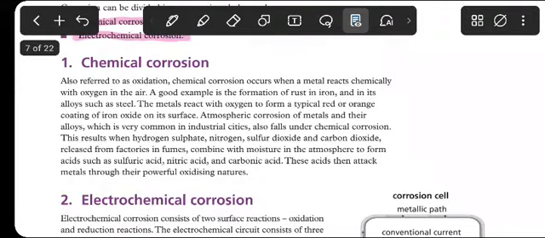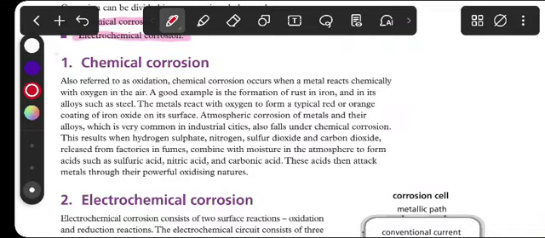So we have here electrochemical corrosion, also referred to as oxidation.